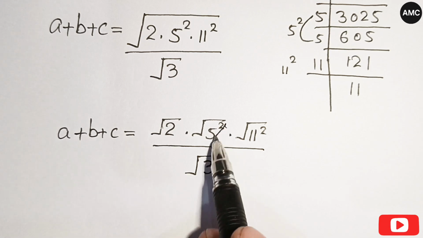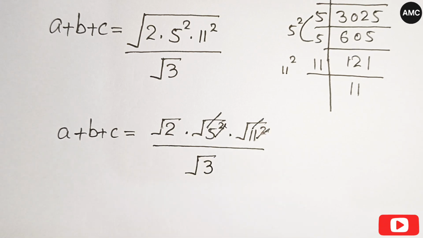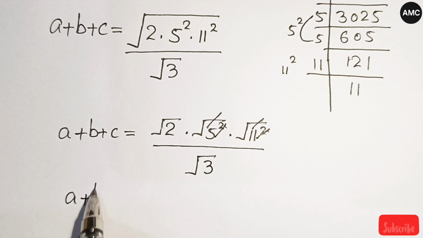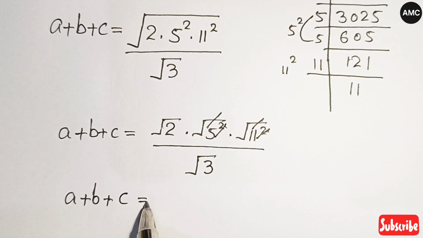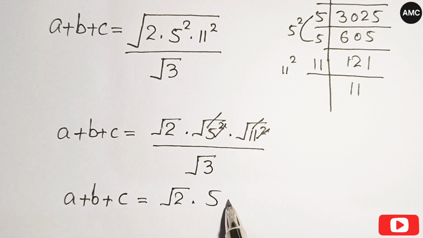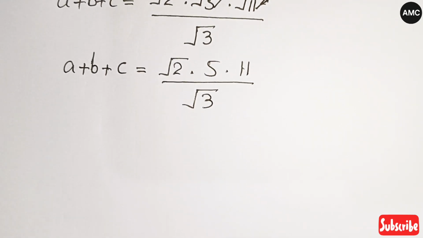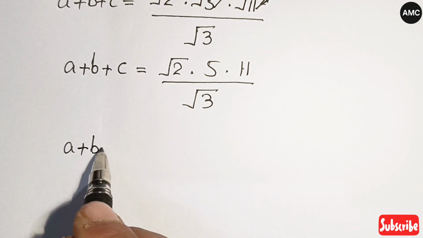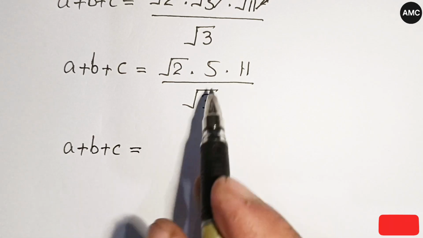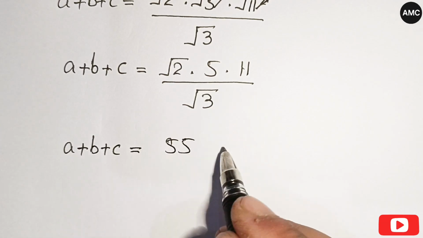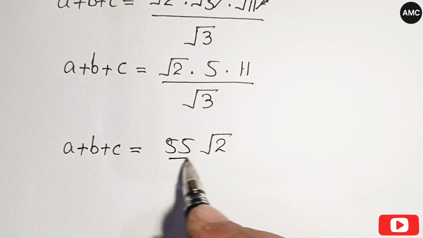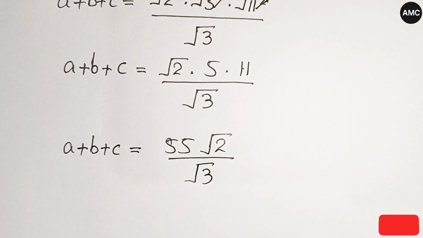Now we see that this square is cancelled out with the square root, so we get a + b + c is equal to square root of 2 times 5 times 11 all over square root of 3. So our next step will be a + b + c is equal to, 11 times 5 is 55 times square root of 2 all over square root of 3.